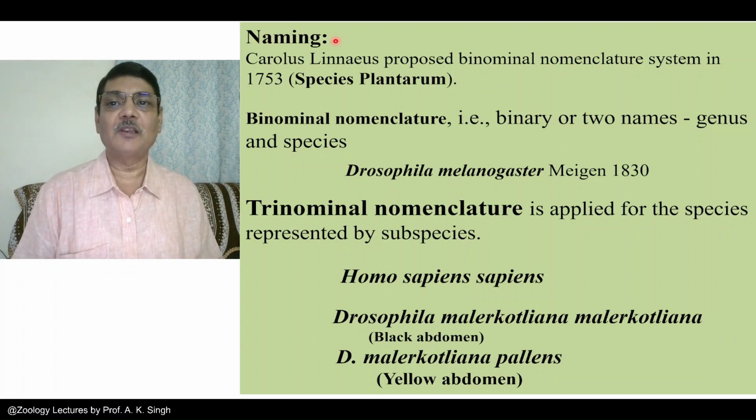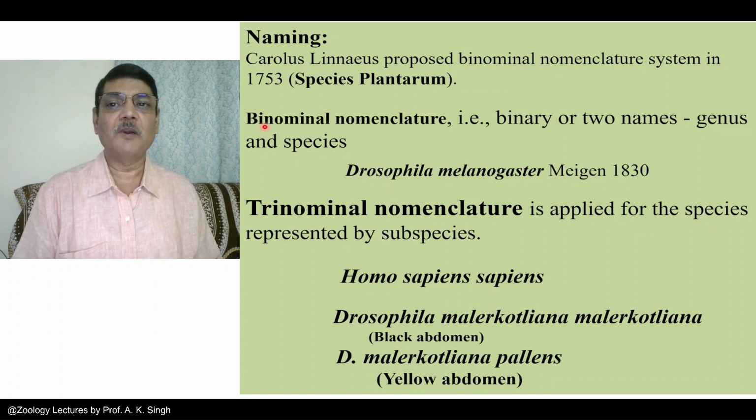Naming means nomenclature. This pattern of nomenclature was first proposed by Carolus Linnaeus. He actually gave the binomial nomenclature system in 1753, and he wrote about this in the book Species Plantarum. This was the book in which he proposed the binomial pattern of nomenclature.